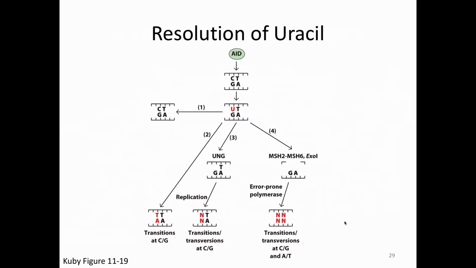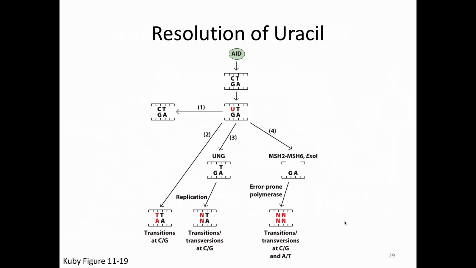It'll go back to being CT. The other one will become what you see here. Instead of having CT, we'll get a UT, and when polymerase tries to replicate that, it'll read that U as a T, and so we'll get a base pair change. We'll get basically a point mutation as a result of our C being turned into a U.